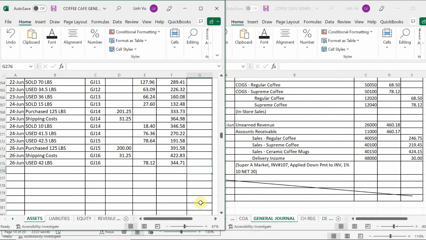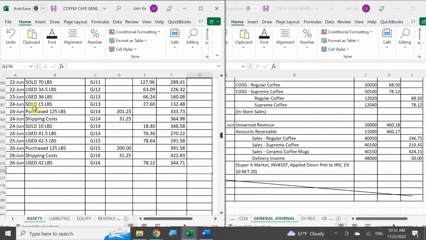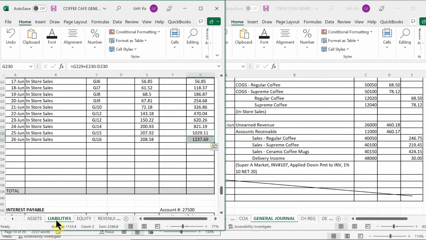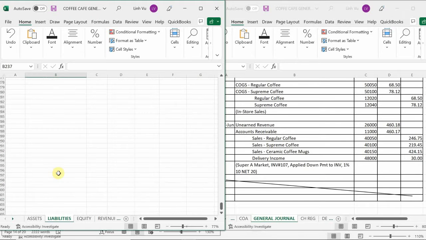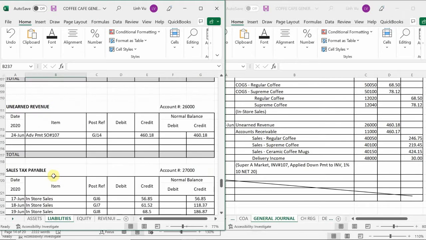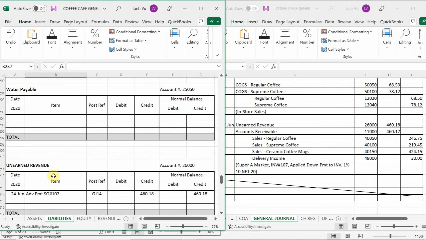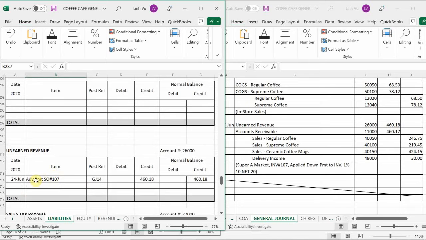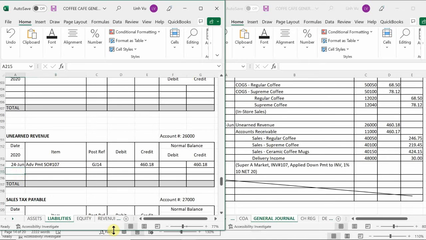Okay. So we redeemed and applied the down payment to my invoice. So let's go ahead and locate my unearned revenue. Okay, right here, unearned revenue. And I'm going to go ahead and say applied advanced payment to invoice number 107.